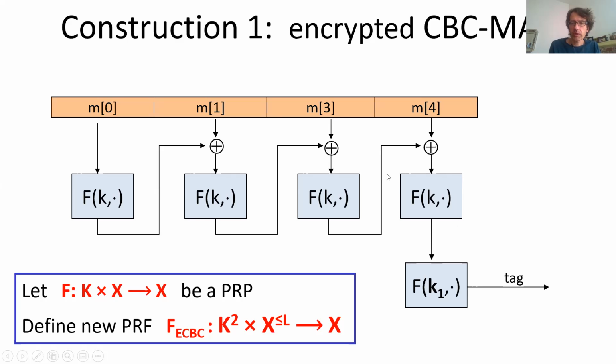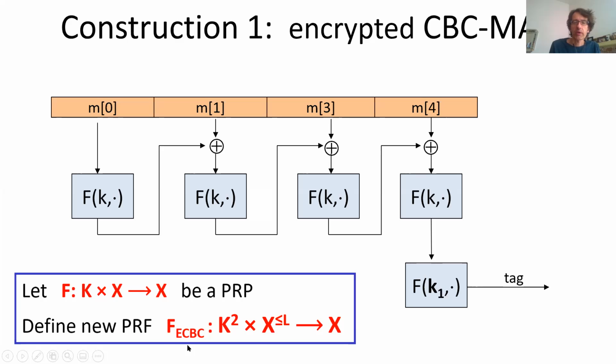And so you go exactly like in CBC encryption, but you take this last output and then you post-process it. This is all done with a single key, just like in CBC encryption. But when you output the ciphertext, you post-process it with the same block cipher, same F, same PRF, but a new random key.